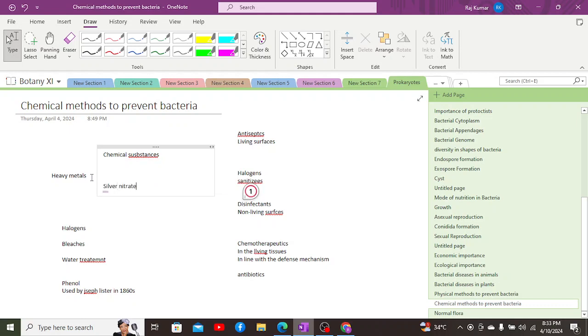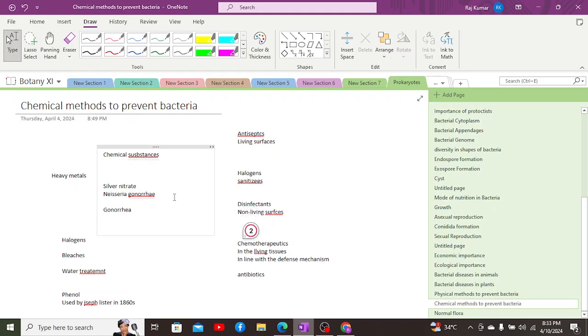Silver nitrate has silver as a heavy metal in it, and it is utilized in the eyes of a newborn to prevent Neisseria gonorrhoeae, which causes a sexually transmitted disease, gonorrhea. Right?